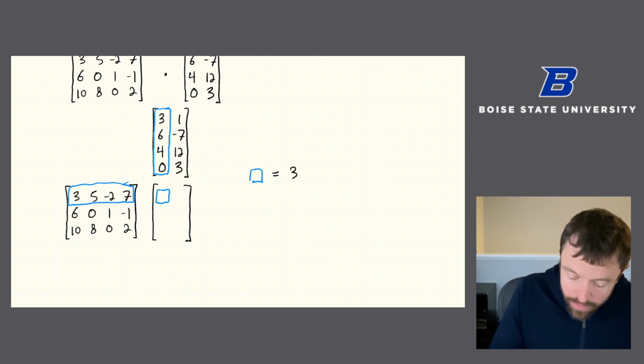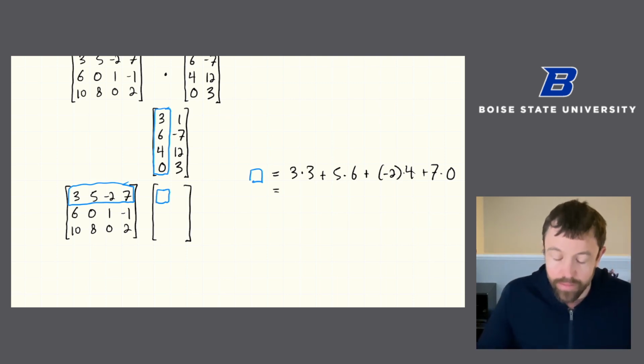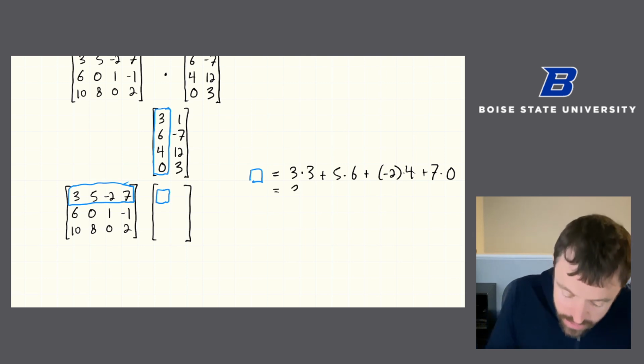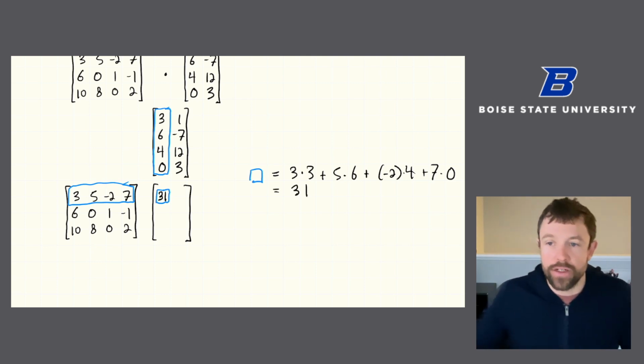So let me write that out. 3 times 3 plus 5 times 6 plus negative 2 times 4 plus 7 times 0. And when I add this up, I get 9 plus 30 is 39, minus 8 is 31, plus 0 is 31. And so this is that top left entry of the matrix.